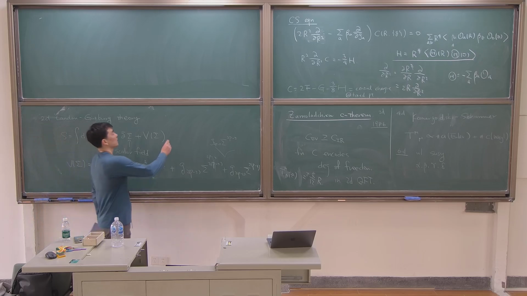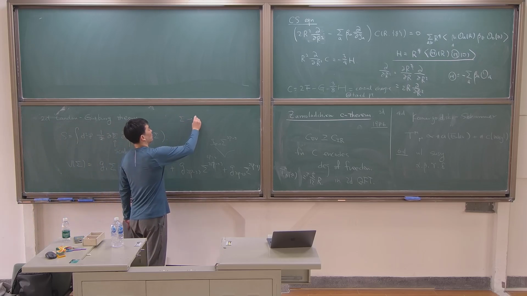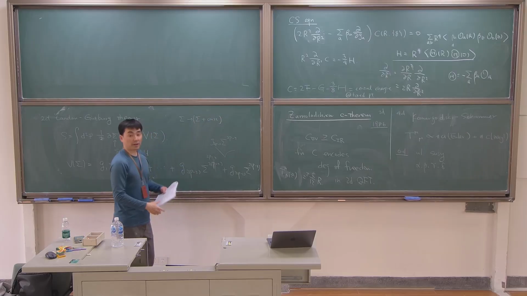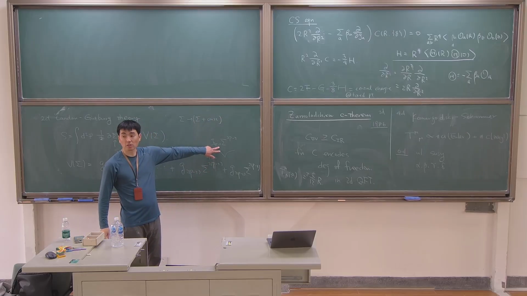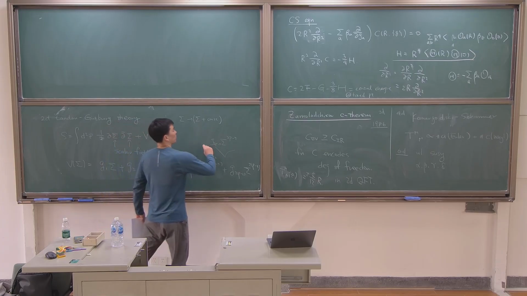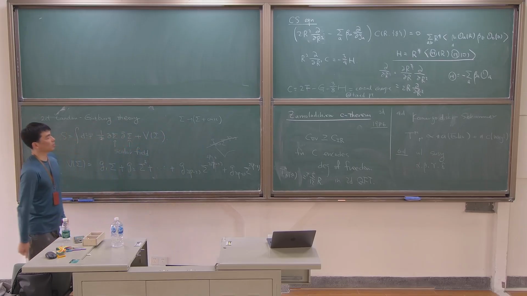So you can shift the sigma by some appropriate constant, and one can get rid of this term. Okay, that's easy, you can easily see it. So I just get rid of this term.